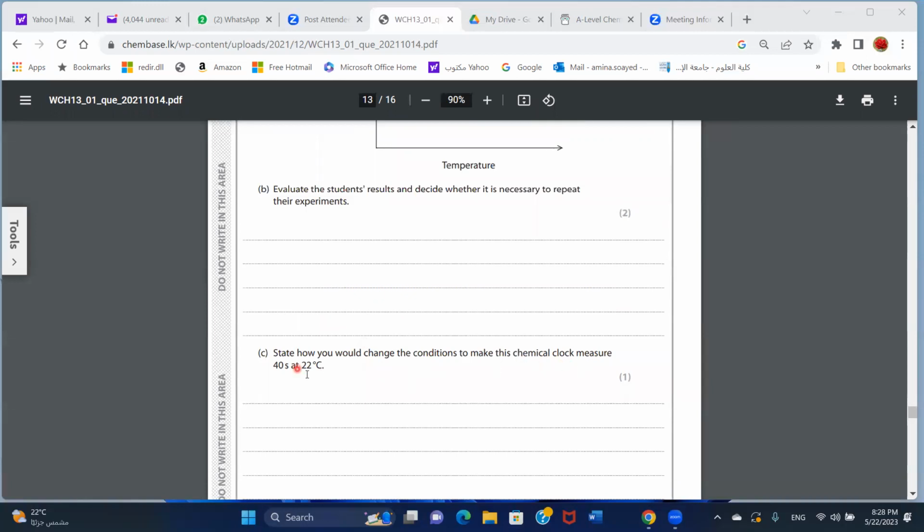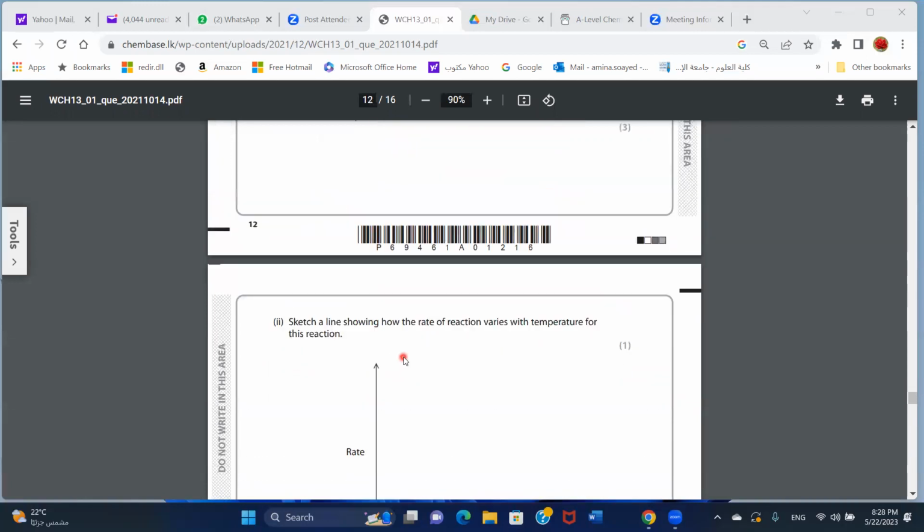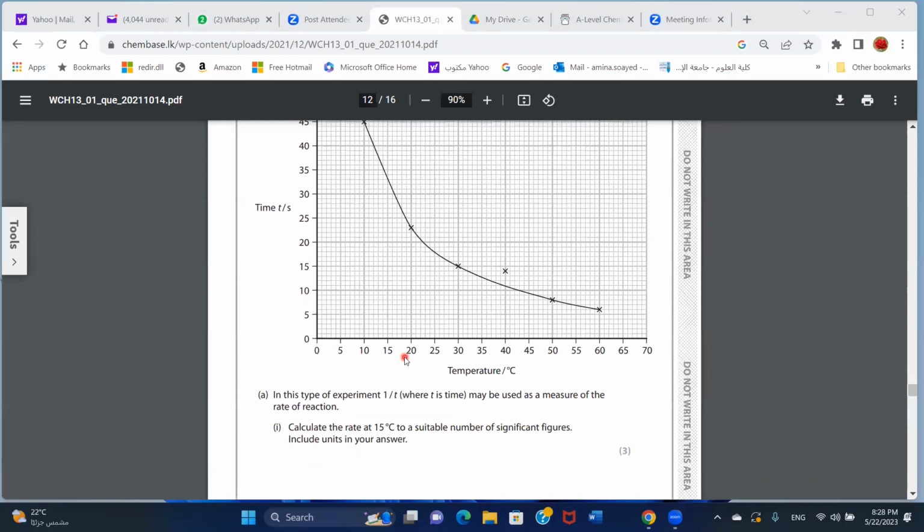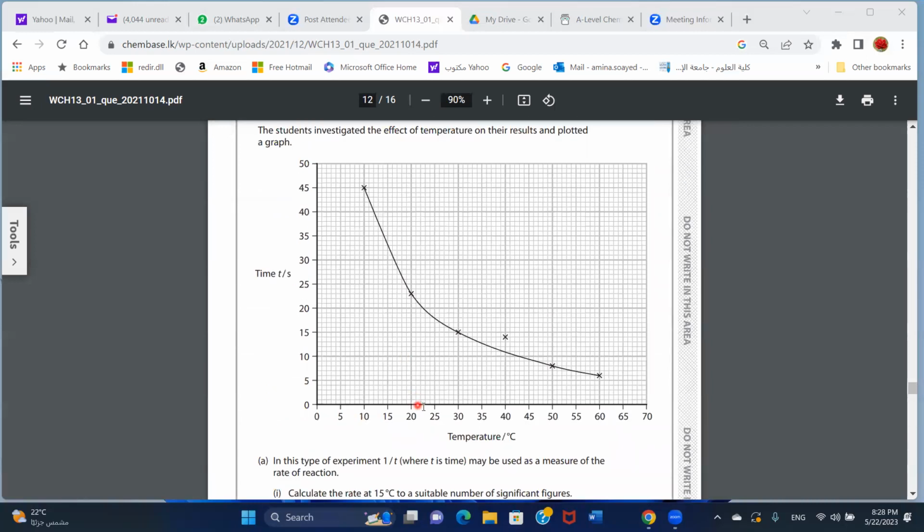We wanted to measure 40 seconds at 22 degrees Celsius. So this is the 22 degrees Celsius. It should here go to about 19 or 20. So how can we let it be at 40, to measure it at 40 seconds?